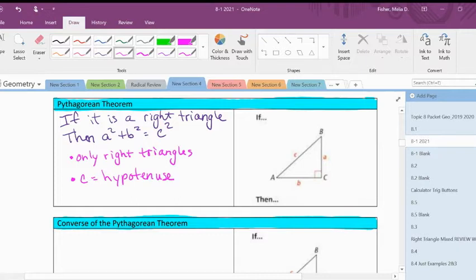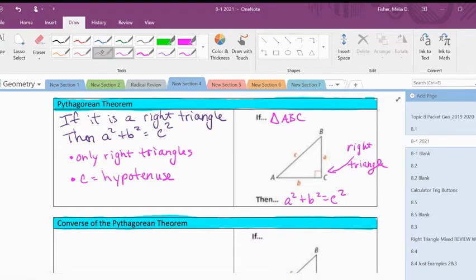So the longest side is always your hypotenuse, and that has to be C in the equation. So if triangle ABC is a right triangle, so it's 90 degrees, then a squared plus b squared equals c squared.